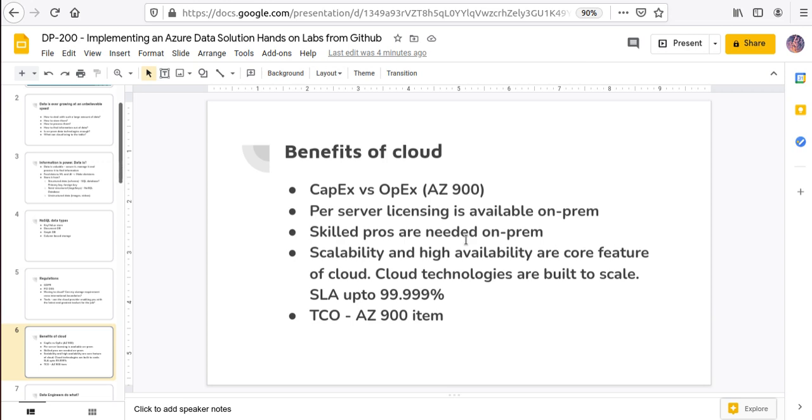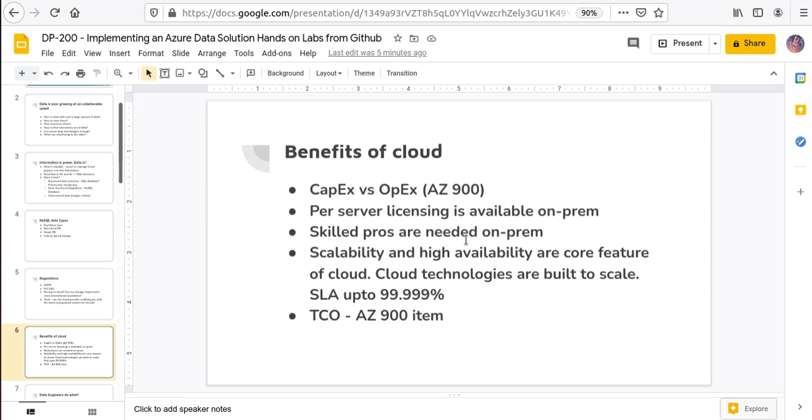You can think about hundreds of things that you need to do to maintain an efficient data center. When you move to the cloud, you are giving all those responsibilities, or some of those responsibilities, back to Microsoft. I would say most of it, based on how you choose it. And then you focus on the real development and real analysis. So you're giving all the headaches for data maintenance to Microsoft.